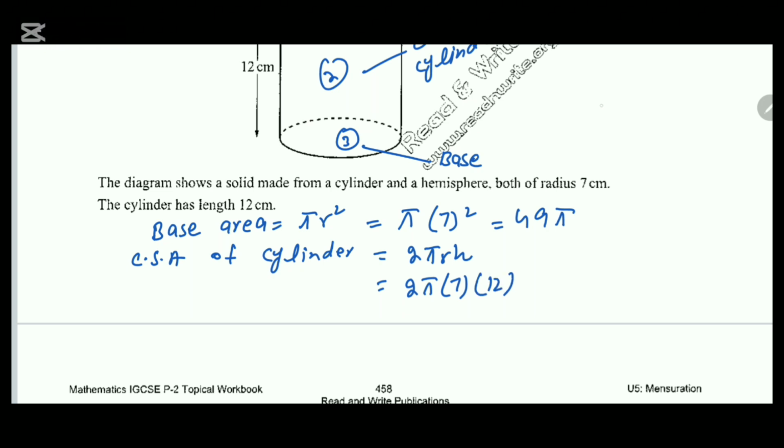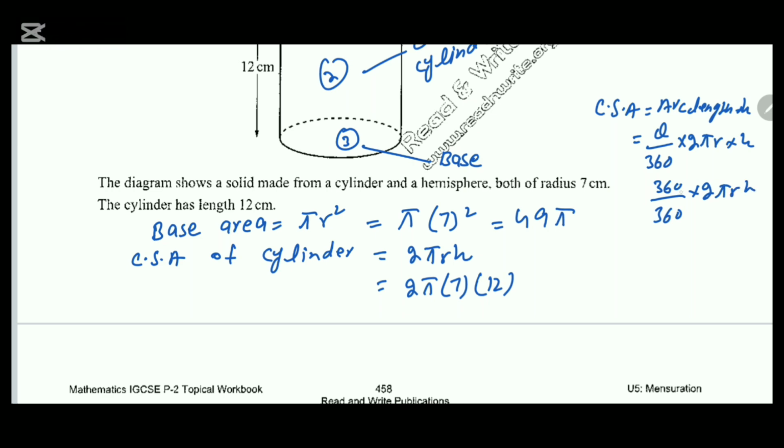What I told you, curved surface area of cylinder is arc length into height. So arc length is theta over 360 into 2 pi r into h. Theta will be 360, so 360 over 360 into 2 pi r h. 360 and 360 will be cancelled. So this is the way you can find the curved surface area of cylinder formula.